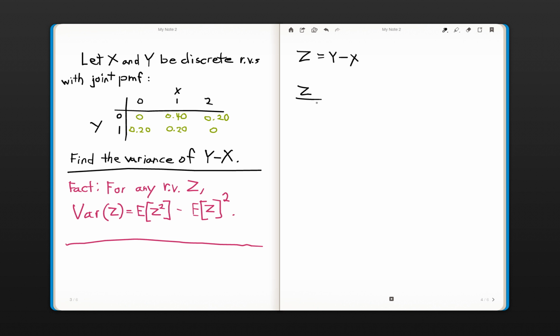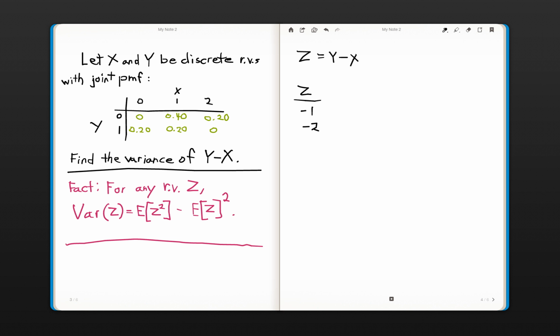Z is defined as Y minus X, and that's what we're trying to find the variance of. 0 minus 0 is 0, but both being 0 has probability 0. It can take on the value 0 minus 1, which is negative 1. Likewise, it can take on 0 minus 2, so really we're just going down the chart, in no particular order.